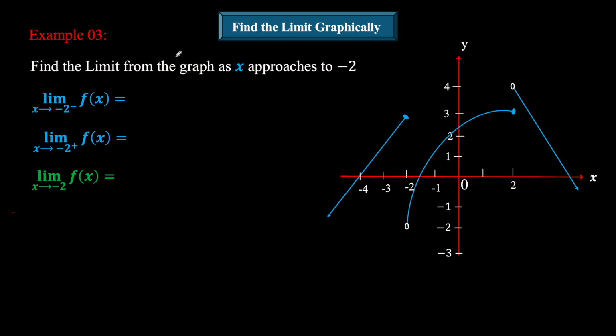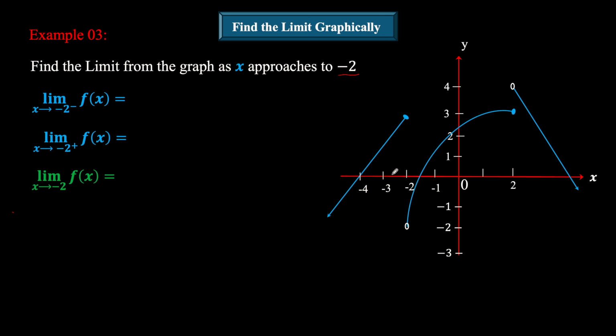Find the limit from the graph as x approaches number minus 2. So in this case we are here. First we read the graph and we see that one curve is moving from here and stopping here, and another starts from here and it continues.